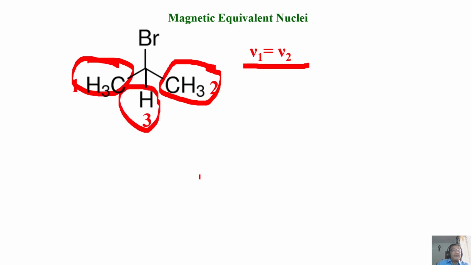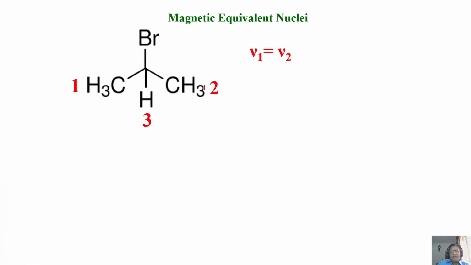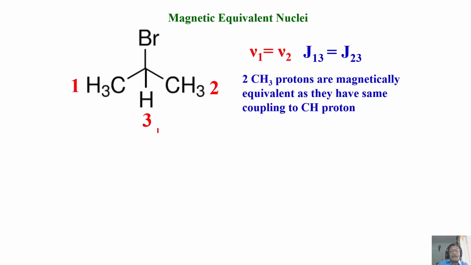There are two groups of protons, but look at the coupling of this proton to this. Very interesting thing you should observe. The coupling of 2 to 3 and 1 to 3 are all the same. J13 is equal to J23. So that means the two CH3 protons are magnetically equivalent, as they have the same coupling to the CH proton in addition to having the same chemical shifts. These two are magnetically equivalent nuclei.